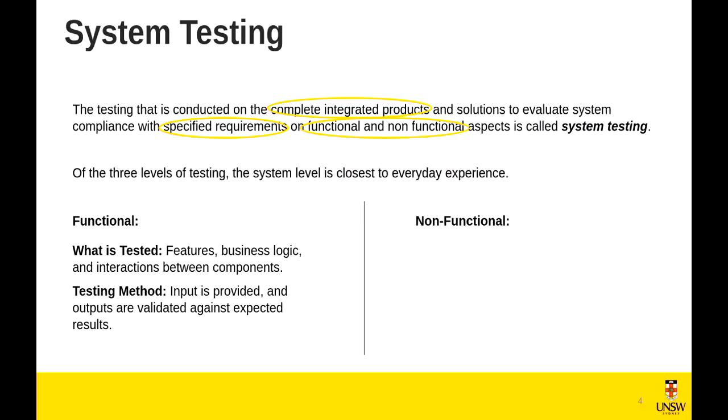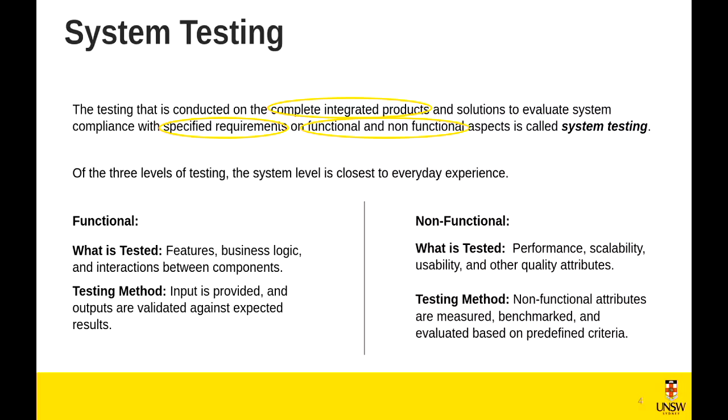However, for non-functional testing, what do we want to test? We want to test some properties of the software or the system that are not related to the usage or the functionalities of that software. What we care about here are the performance of the system, the scalability of the system, the usability of the system, and many other quality-related attributes.